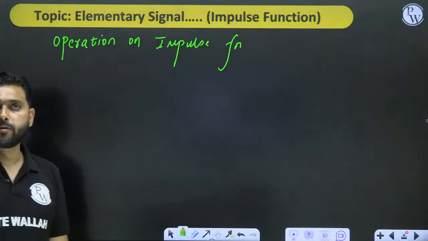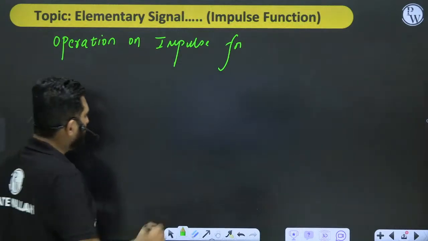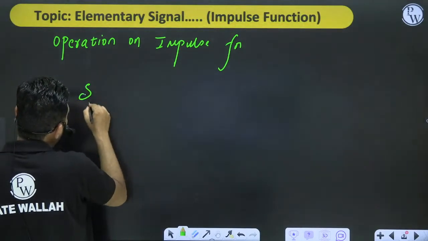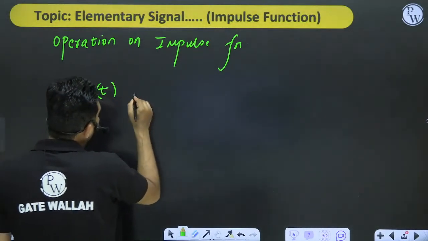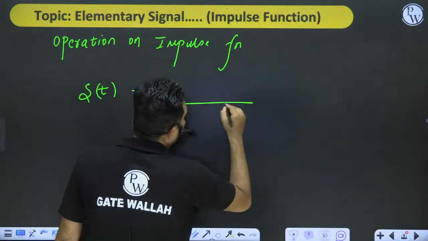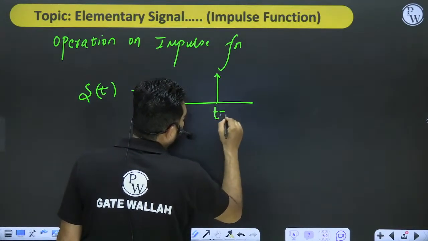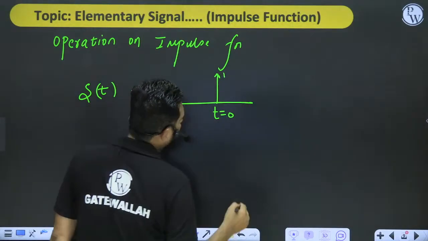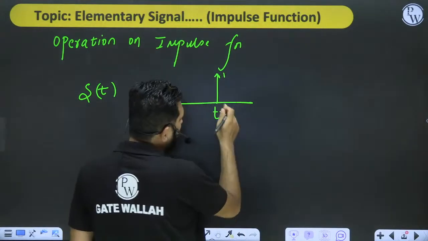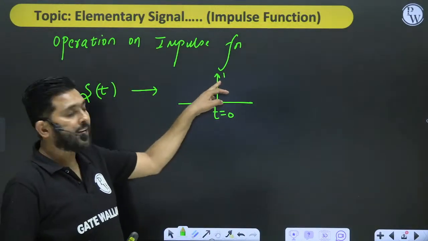Suppose we have an impulse function which is delta t. I know how delta t looks like. Delta t is the function which exists at t equal to 0, having a strength of, mind it, this is not its value, it is the area under the curve.